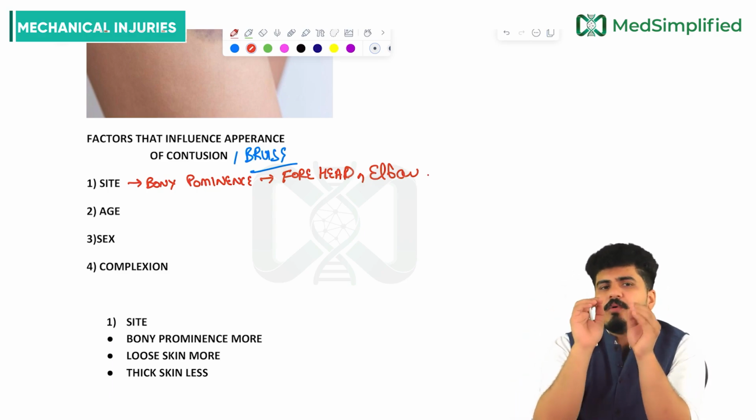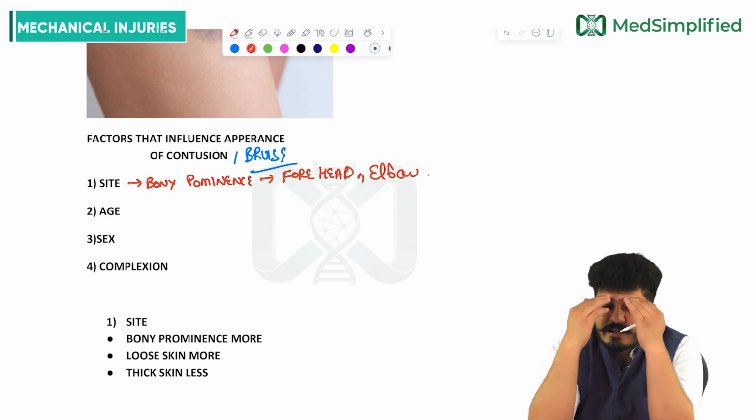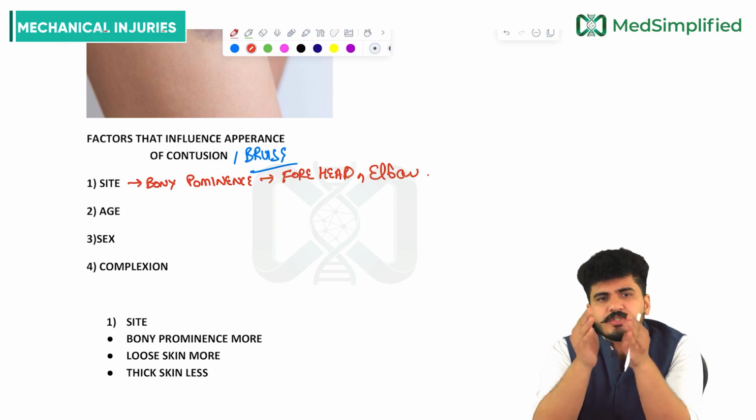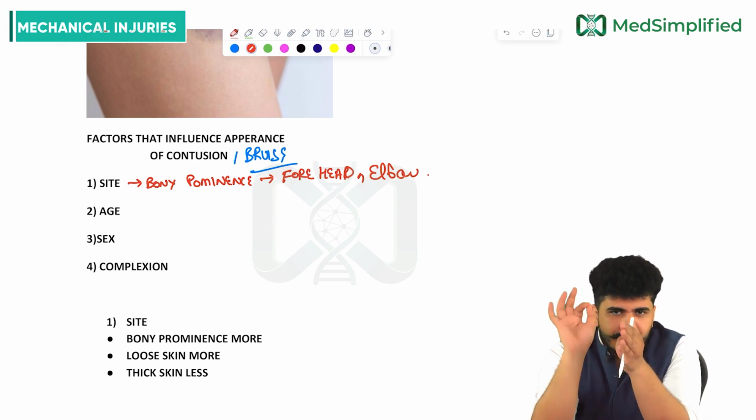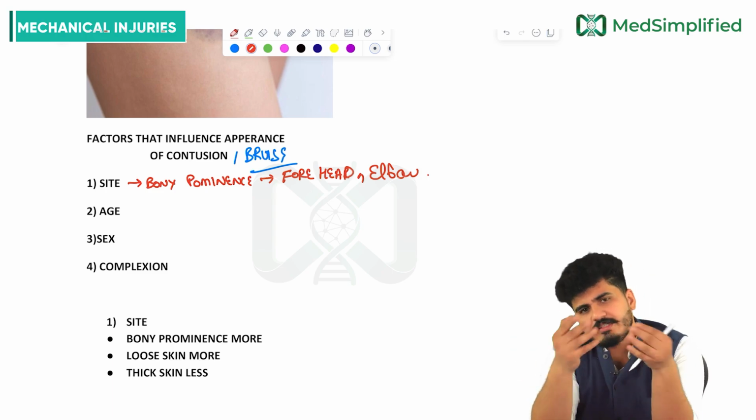It's very easy, because there is no muscle mass to absorb the shock. Vessels would be hit directly, and direct hitting of the vessels can lead to extravasation very, very easily.